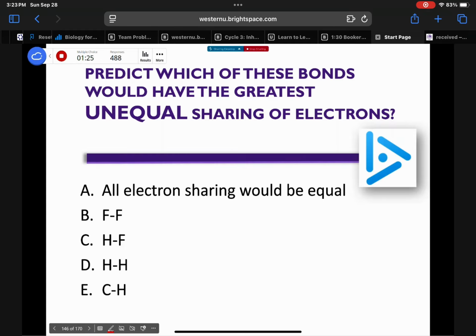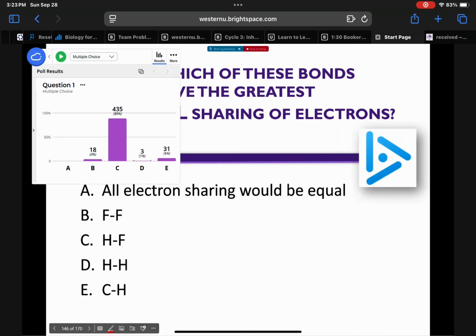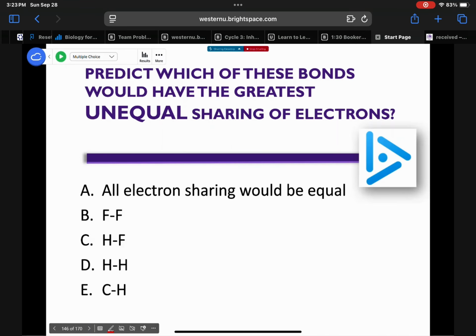Okay, most people going for C, and I agree. Here we have the most electronegative atom on the periodic table. But yes, fluorine is the most electronegative atom.